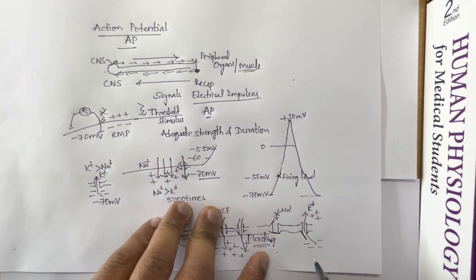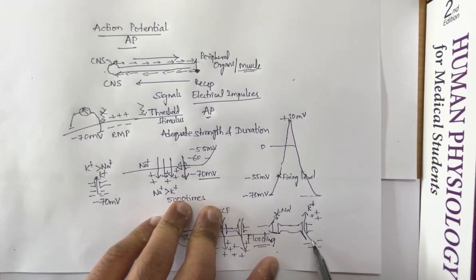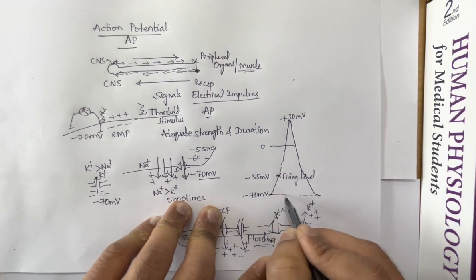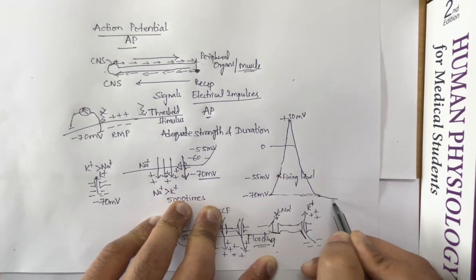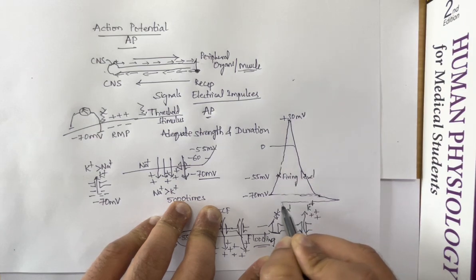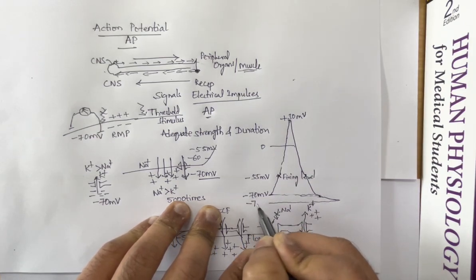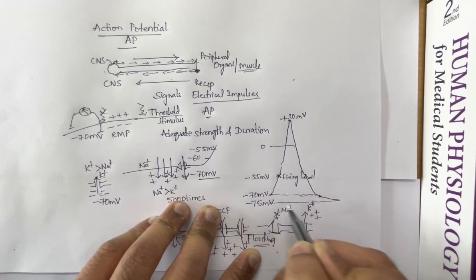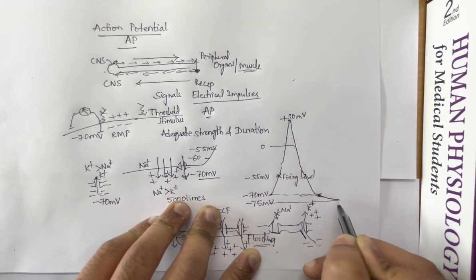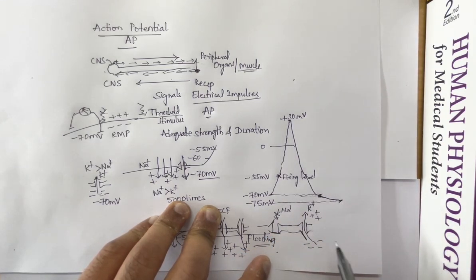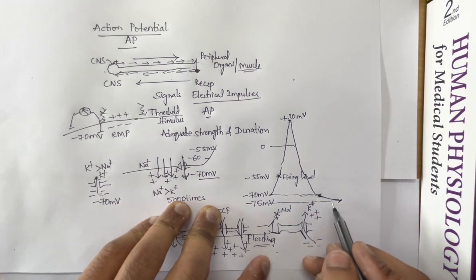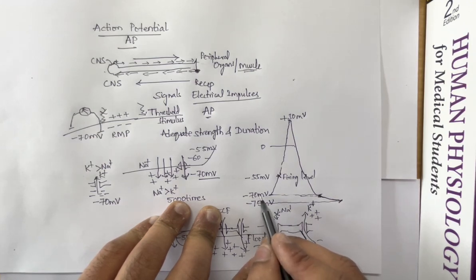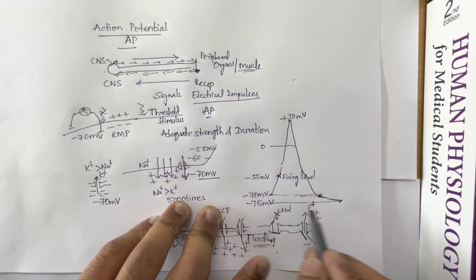The positive charge is moving more and more out, so the negativity inside the cell will become more and more negative, even more than that of the resting state, like minus 75 millivolt. This portion we call hyperpolarization. Hyperpolarization is an increased negative potential, more than that of the resting level potential.